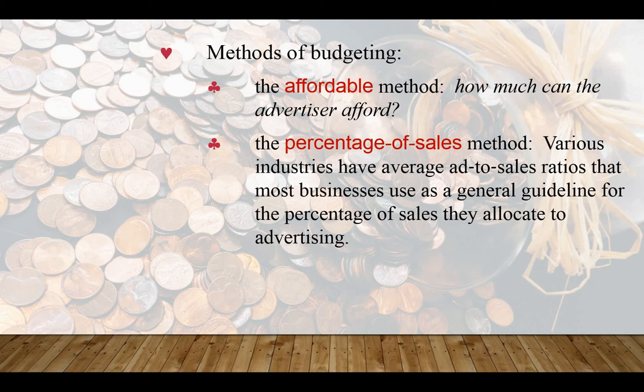Some methods of budgeting. There's the affordable method. Simply put, how much can you afford to buy? How much of a budget do you have to be able to work with, and you can realistically buy the advertising and make it effective for you. Second, the percentage of sales method. The various industries have average ad to sales ratios that most businesses use as a general guideline for the percentage of sales that they allocate to advertising.